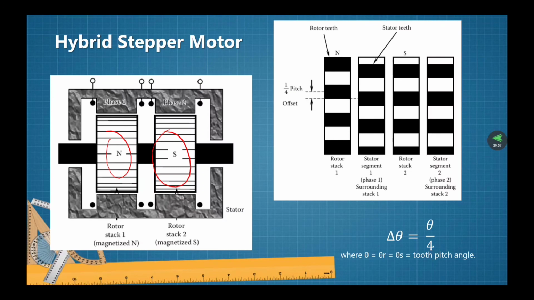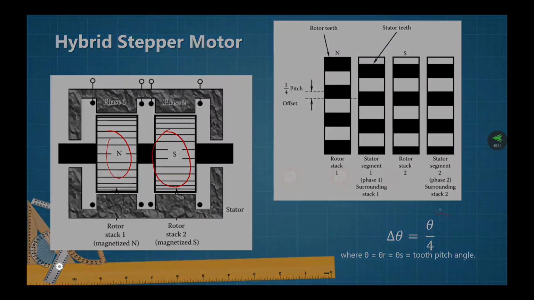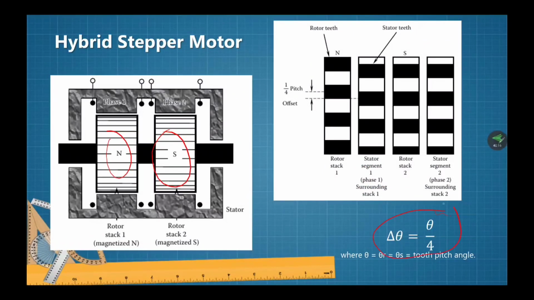So we can get 0, 1, 1, 0, 0, minus 1, minus 1, 0, or 0, 1. And the step angle is given by delta theta equals theta over 4, where theta equals theta r equals theta s, the tooth pitch angle.